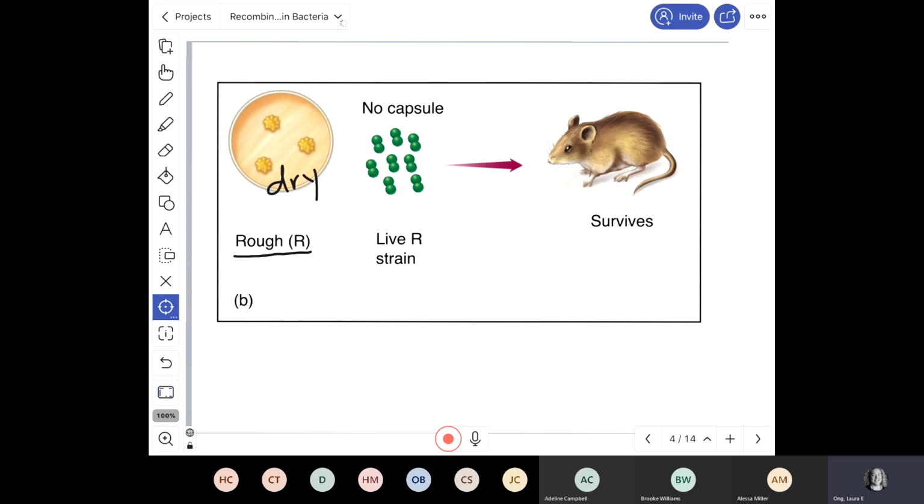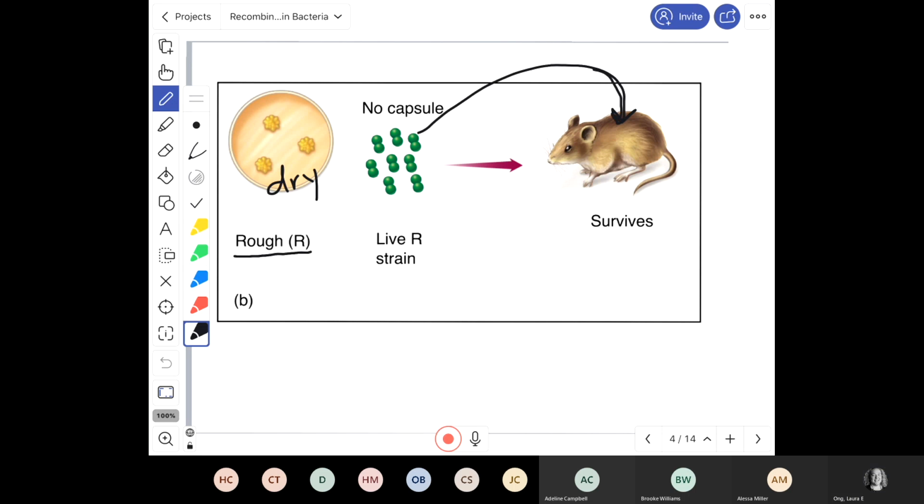If Griffith did everything the same with this rough strain, put the same number of the rough strain into the mice and held everything else constant, mice infected with rough strain survive.